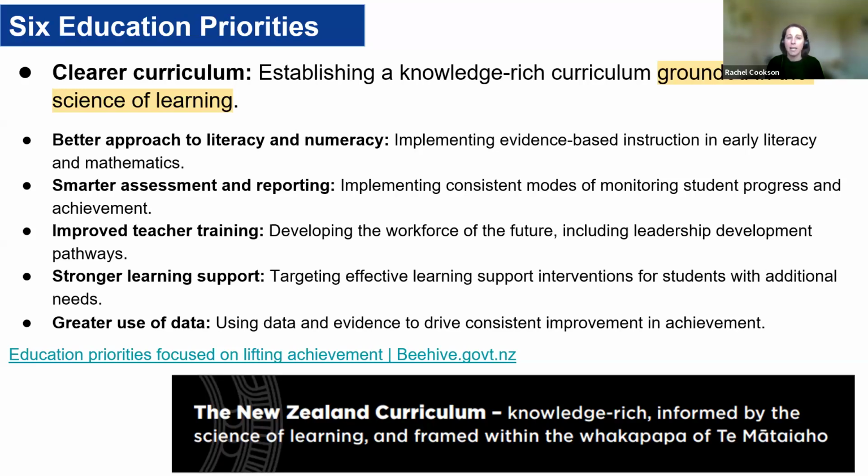So it's very evident through a number of the initiatives and strategies and interventions that have come through recently from the minister and from the Ministry of Education that science of learning is a priority. And we'll look at a couple of examples of that in a moment. But also our curriculum documents talk very much about the science of learning at the forefront of the refresh documents that we've seen English and maths coming out recently.